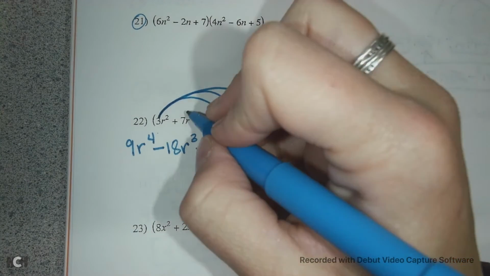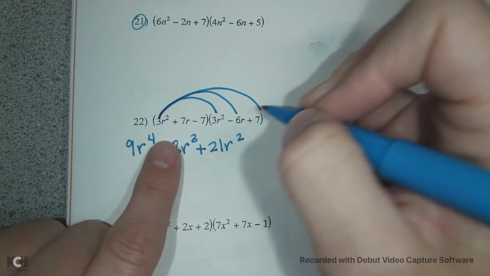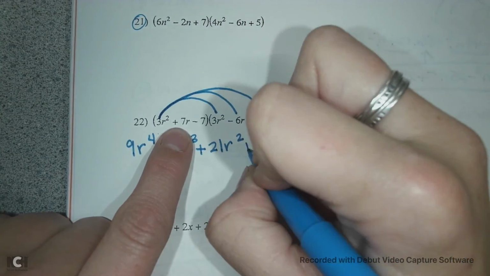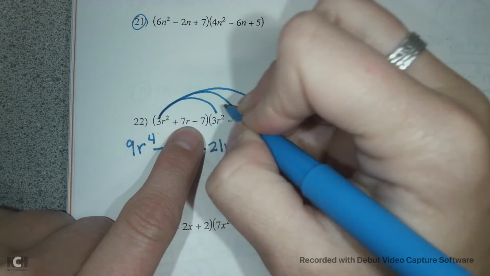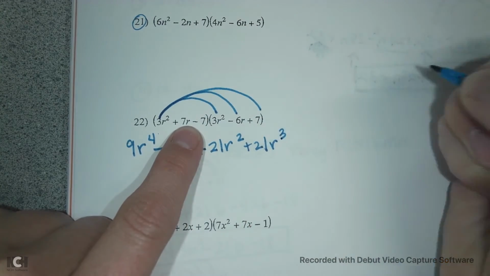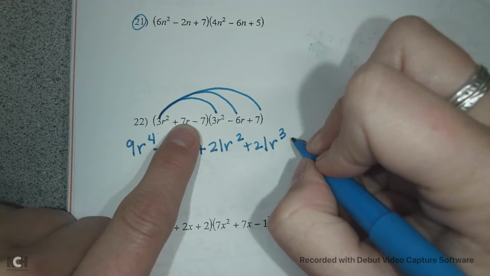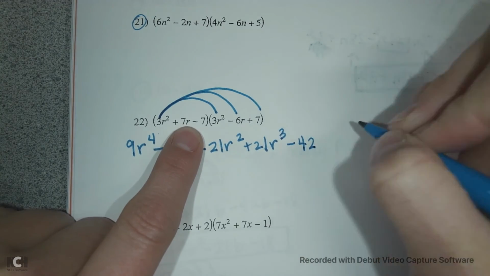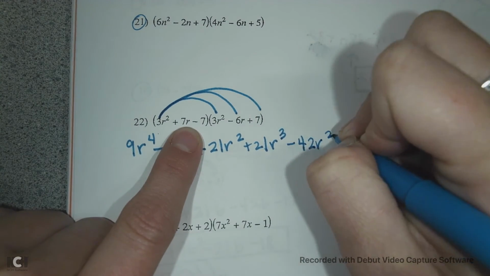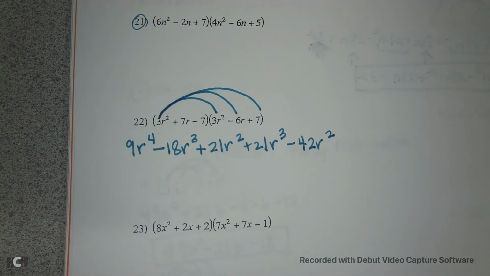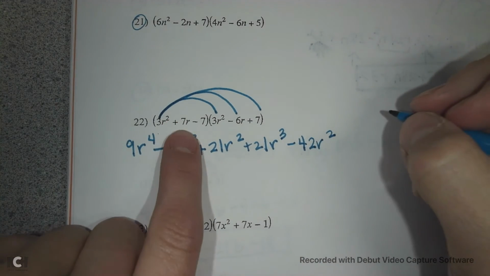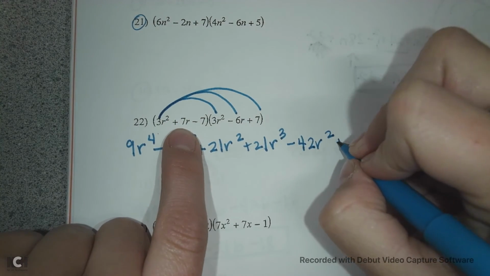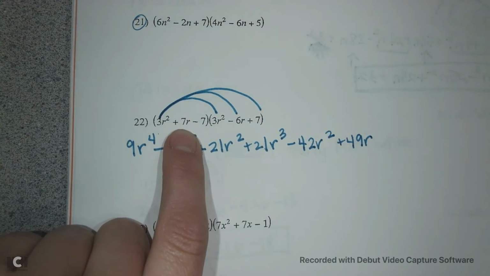Then we distribute the 7r, so 7 times 3 is 21, and I have 1 and 2 more makes 3. 7 times negative 6 is negative 42 r squared. Then we have 7 times 7 is 49r.